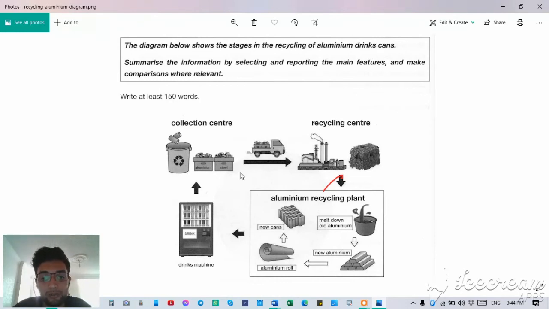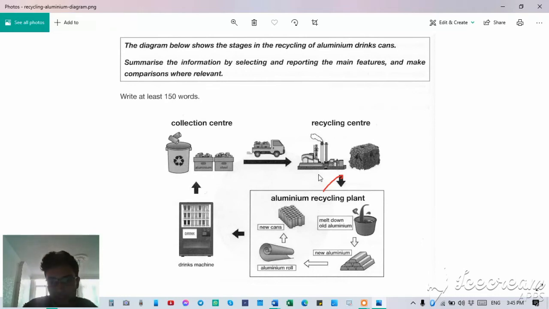So it's a recycling. Remember I told you, is your diagram cyclic? We'll actually do one of these in our next classes to mention that this process is cyclic. Here we go, collection center and recycling center. That's how I'm going to divide my ideas into paragraphs.